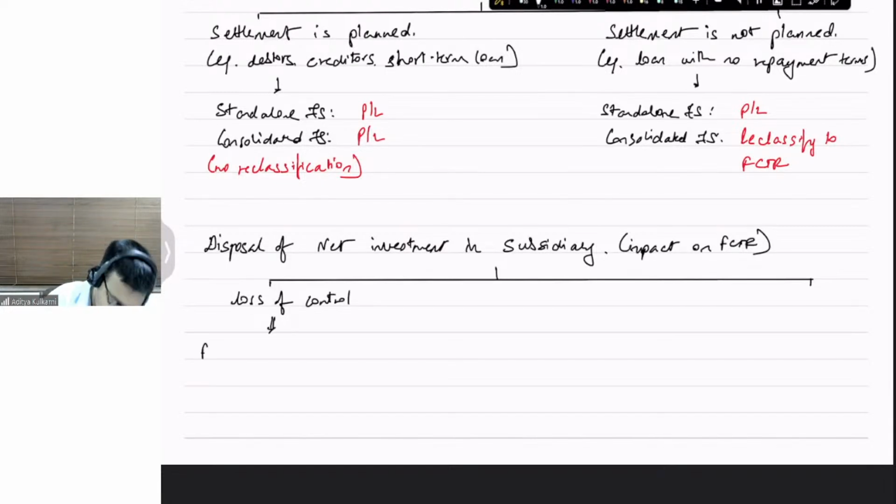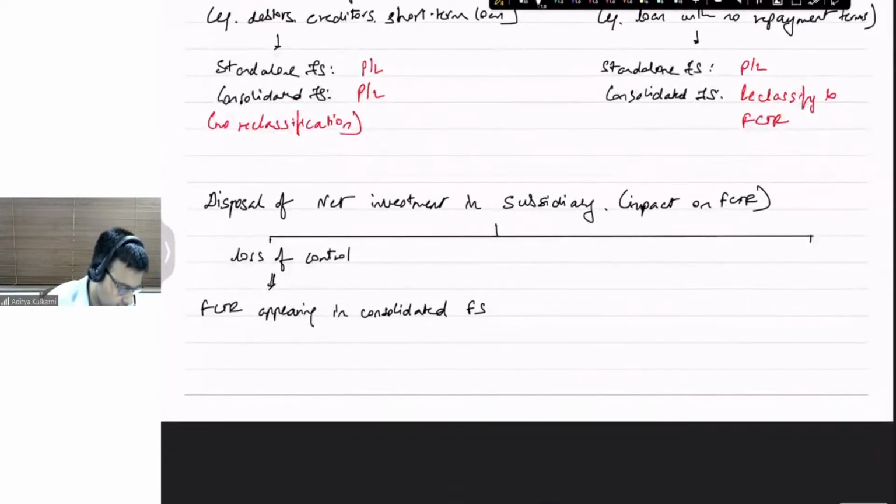Well, FCTR appearing in consolidated financial statements, that is parent's share of FCTR, transferred to P&L account.